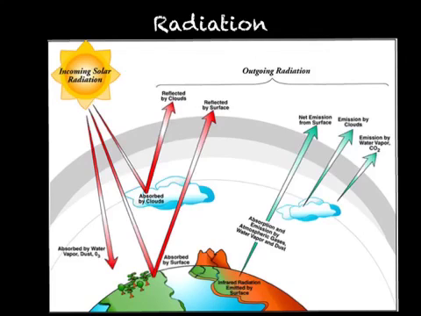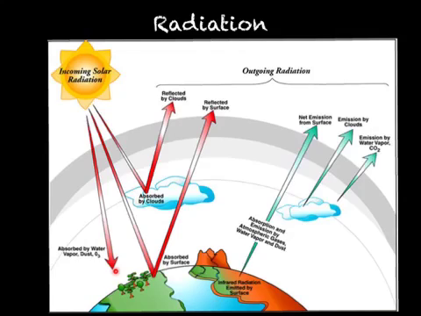And the third way that heat is transferred is through radiation. And for the earth, that is radiation from the sun in the form of electromagnetic waves. The radiation from the sun hits the earth, whether it be ocean or land.